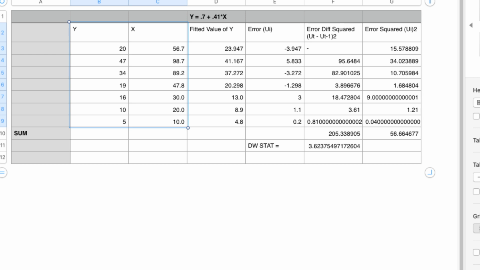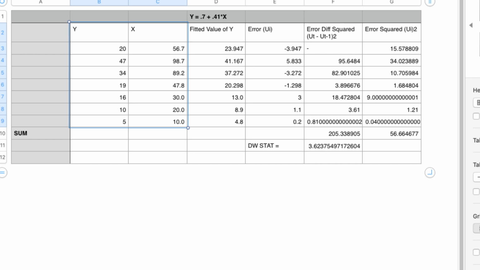Similarly, for the second consecutive pair, 5.833 and minus 3.272, if I take the difference, again I add them up, and when I square it, I get something like 82.9.